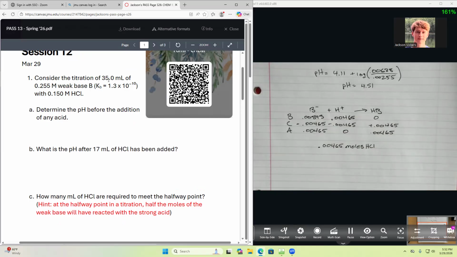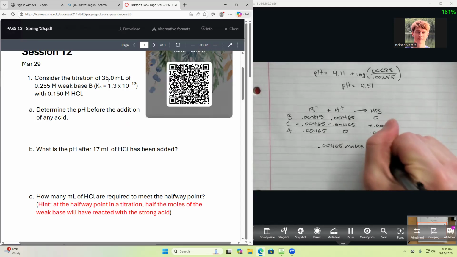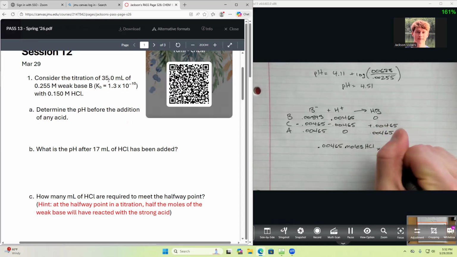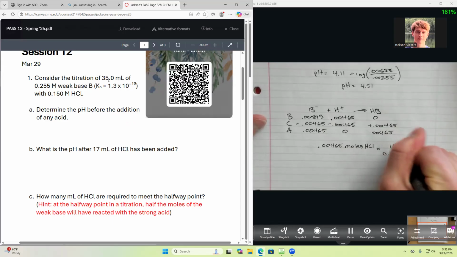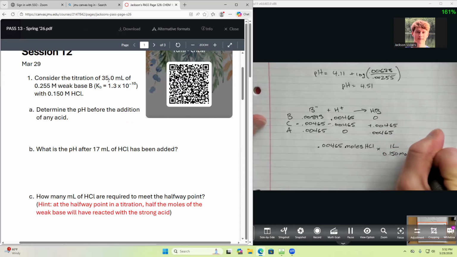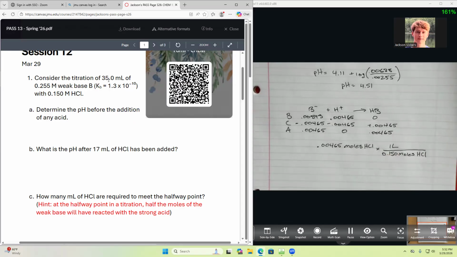And so what we're going to do is use that molarity that's given to us. We're told it's a 0.15 molarity concentration of hydrochloric acid. If we flip that upside down, we can go from moles to liters. So that's going to look like this. Does that make sense? All I did here was take the molarity and flip it upside down so we can use it as a unit conversion.